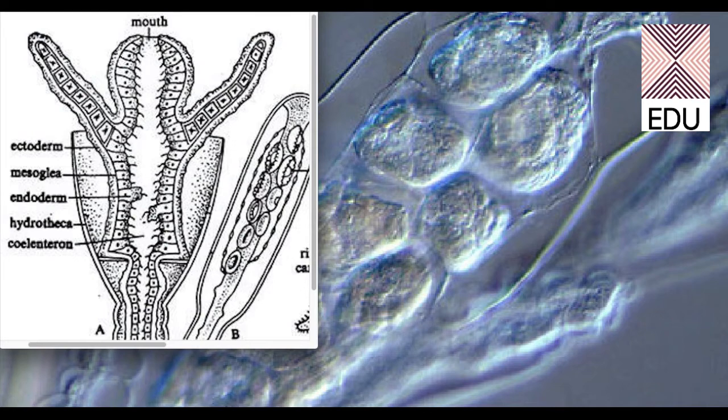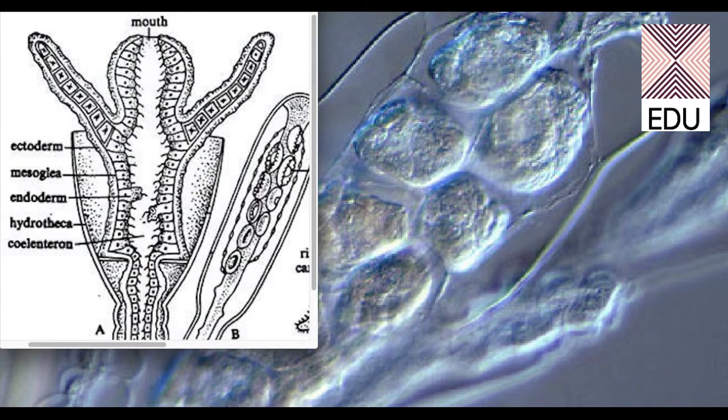This is a very thin layer. The innermost layer is the gastrodermis, and in between the gastrodermal layers is present the coelenteron, the central body cavity, also referred to as the gastrovascular cavity.